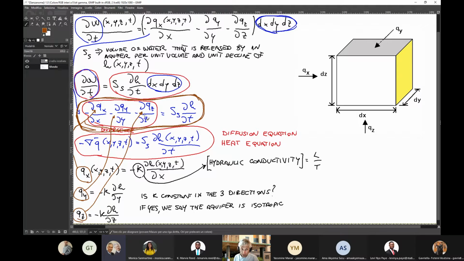Let's suppose that K is known. The Darcy equation gives Q depending on h, and therefore, if I substitute in the diffusion equation, I get the result of eliminating Q.